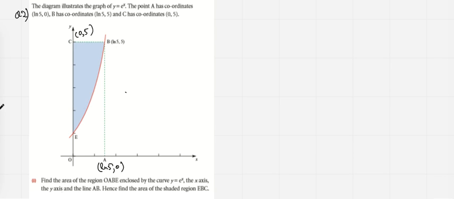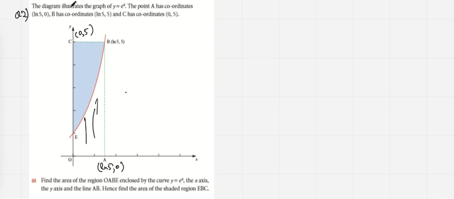So we need to find out the area of the region OABE. So OABE is actually this region. We need to find out the area of this region in the first part, which is bounded by this red curve, the x-axis, the y-axis, and the line AB. Okay, so we need to find out the area of this region.